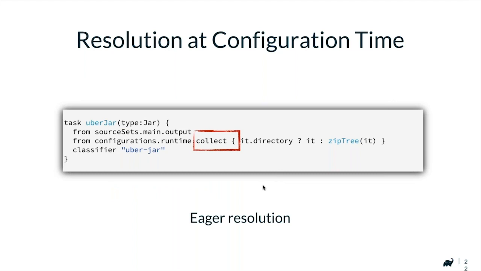We're just saying, okay, give me all the runtime dependencies and collect them. If it's a directory, use it, otherwise unzip it. Well, the problem is this collect call, because this is happening while I'm configuring the project. I'm forcing Gradle to give me those files so I can call collect on them. So this is like a hidden give me the files, which leads to dependency resolution.